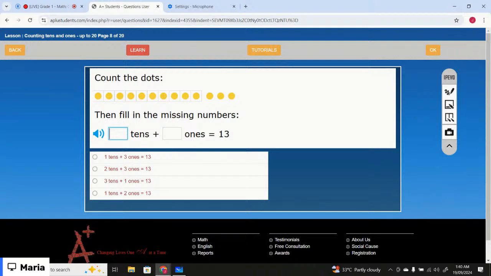So which is the correct option? That is 1 ten and 3 ones.